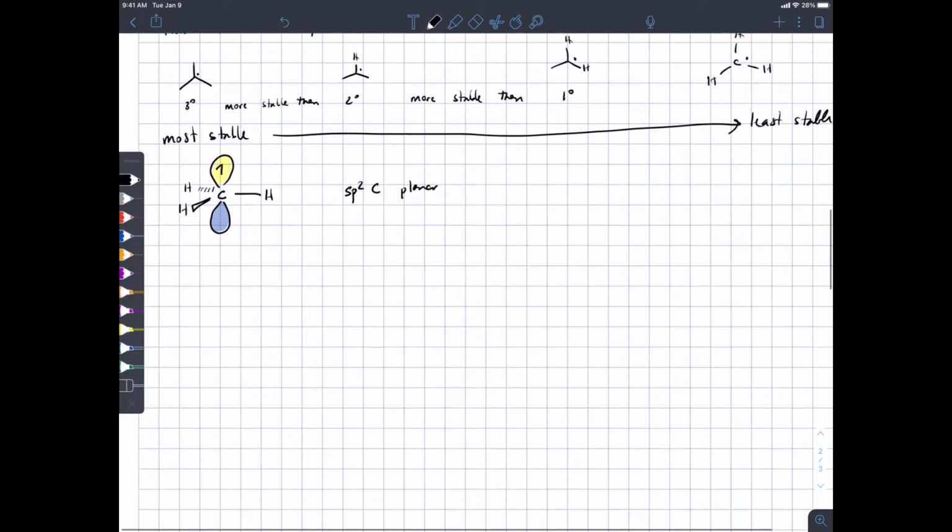There's some evidence that radicals can equilibrate with a more pyramidalized version that would be closer to sp3 hybridized.